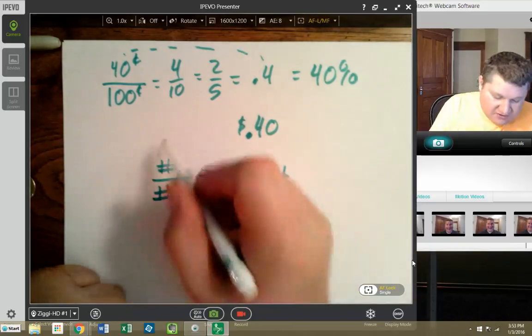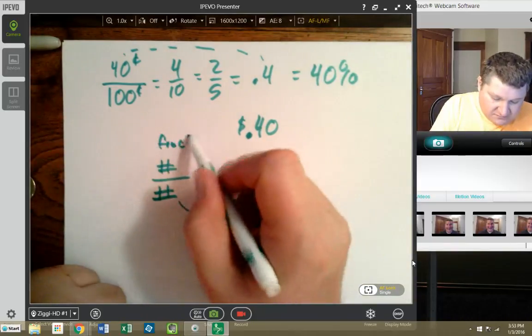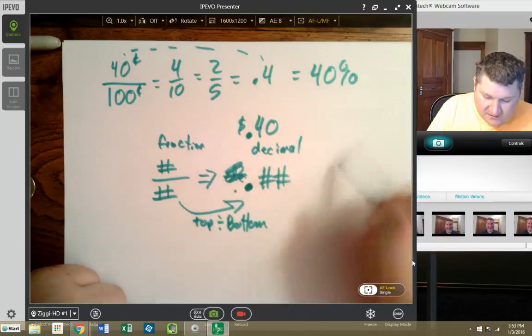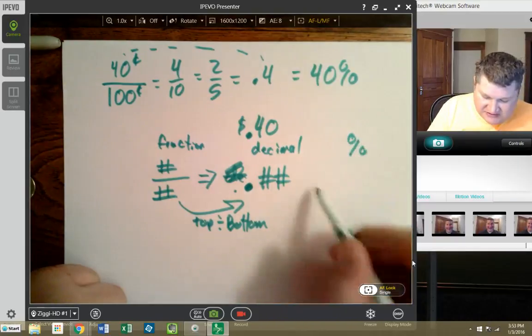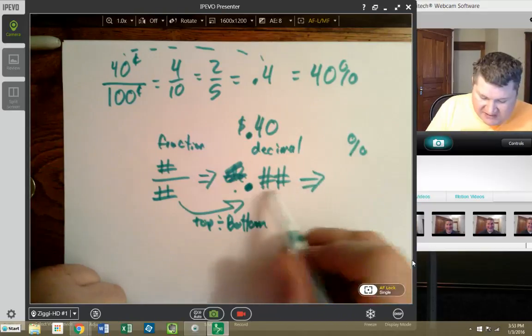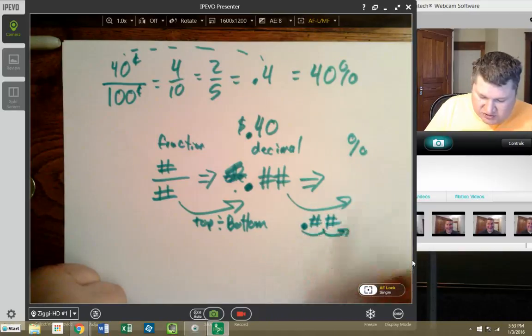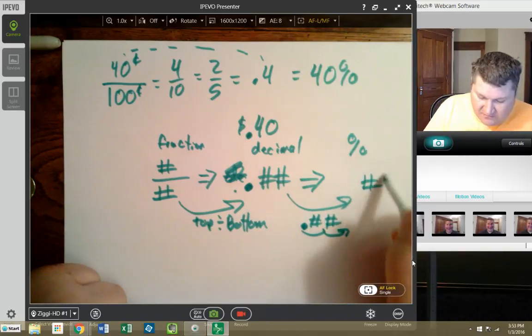Now, I need to go from fraction to decimal to percentage. Now, to get to percentage, I take my decimal and I move it 2 spots.